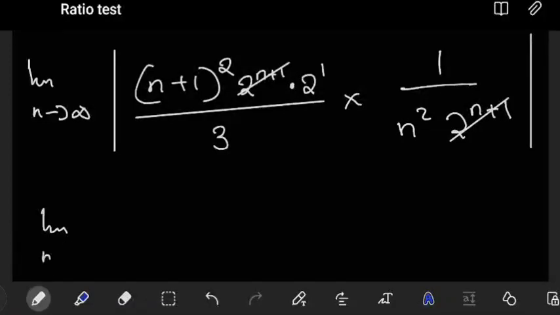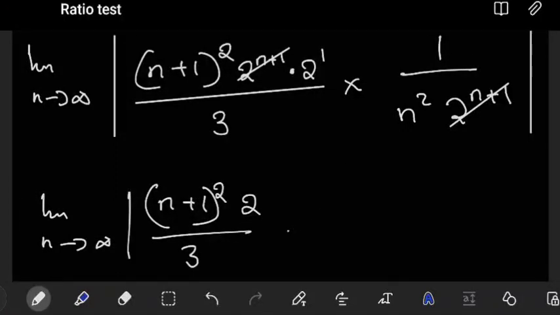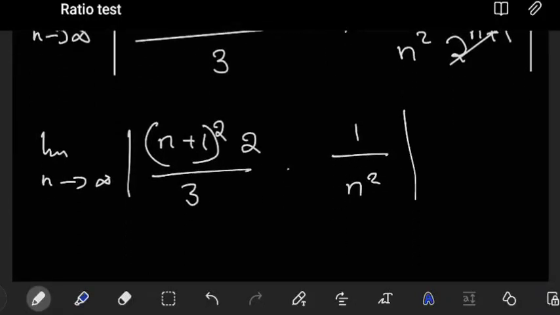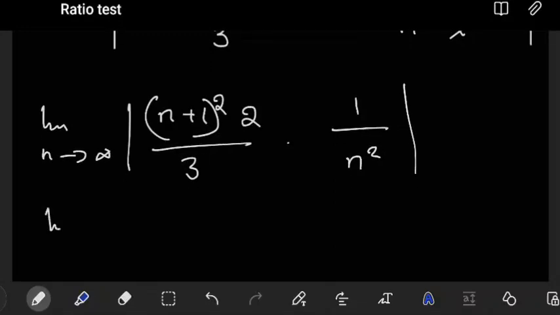Look at what we remain with. Now we have the limit as n approaches infinity. The first part, we have n plus 1 to the power 2, and then you still have that 2 here. This is over 3, and then this is multiplying 1 over n squared. Now again, this term will always be positive regardless of what the value of n is, so I can drop the moduli.